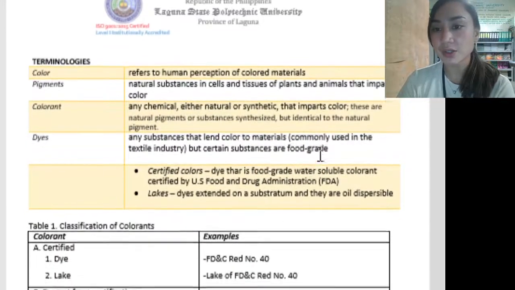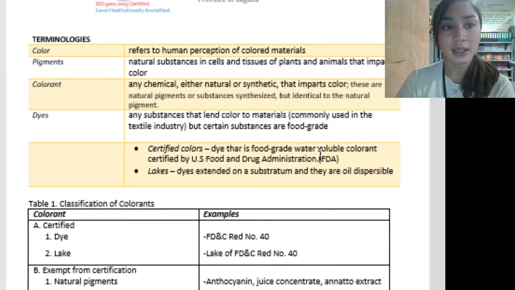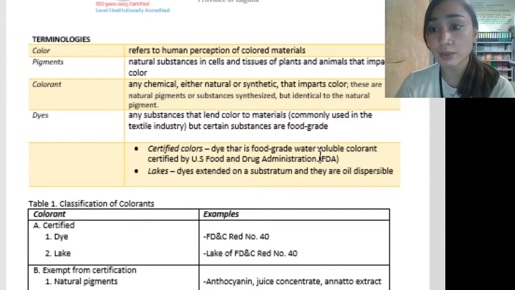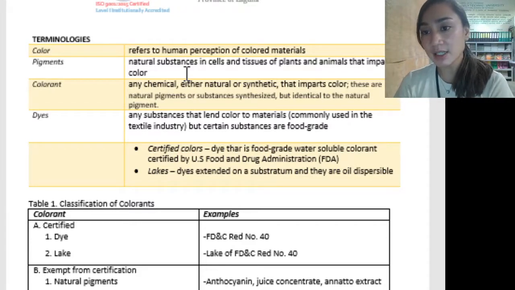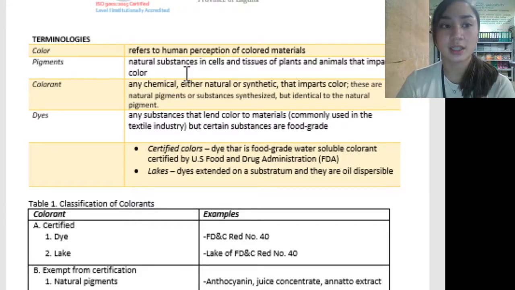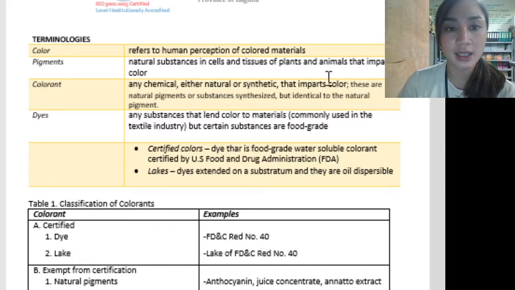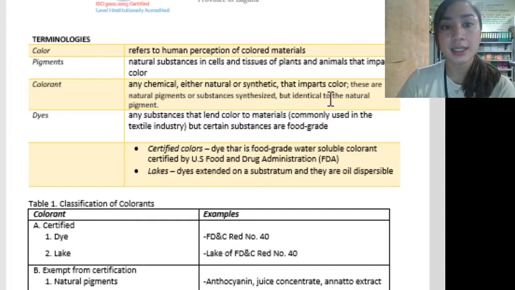So let's start, just a review. Color refers to human perception of colored materials. Pigments are natural substances in cells and tissues of plants and animals that impart color. A colorant is any chemical, whether natural or synthetic, that imparts color. These are natural pigments or substances synthesized but identical to the natural pigment.